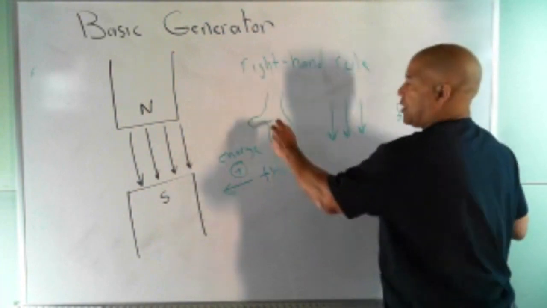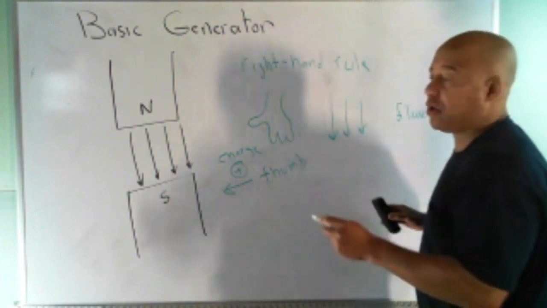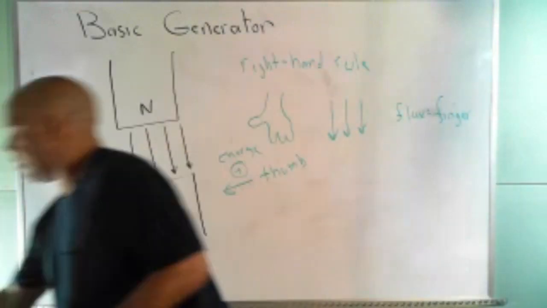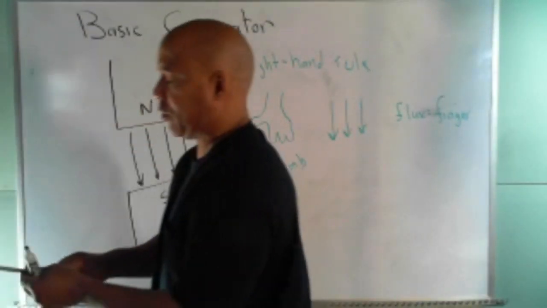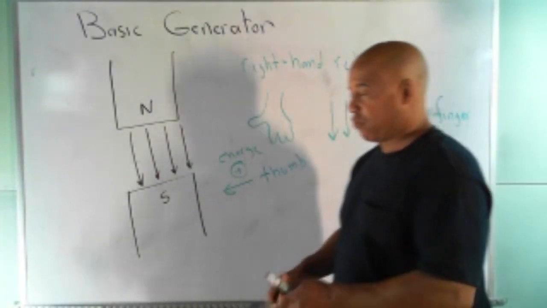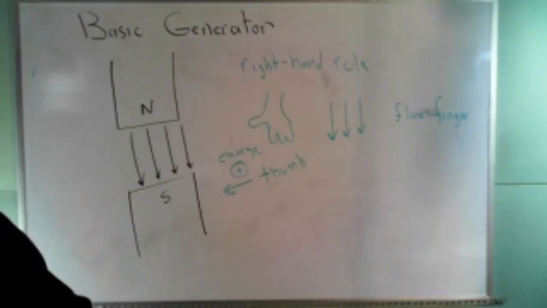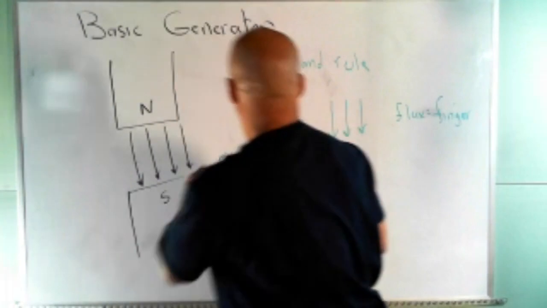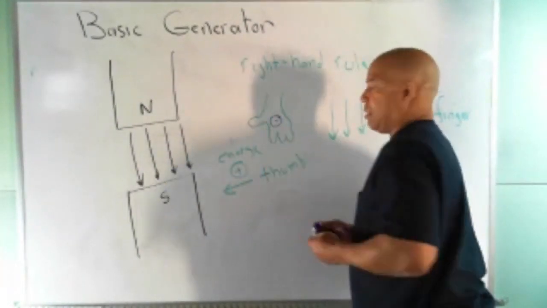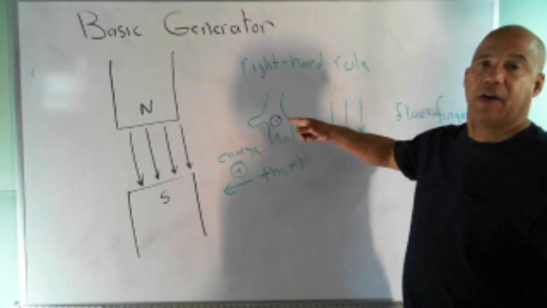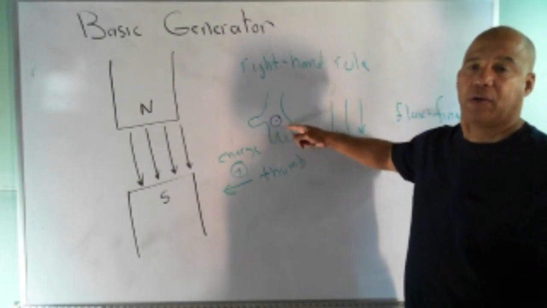The palm of your hand will show you the direction of the force on the charge. It turns out that the force will be coming out at you like this. So I'm going to draw that as a circle and a dot, so you can see that. Okay, so this gives you the direction of the force on the charged particle.